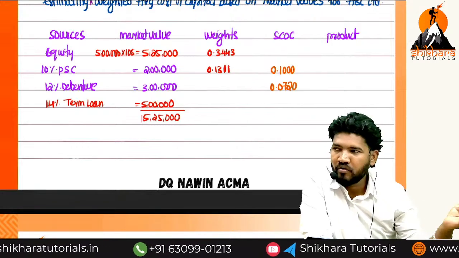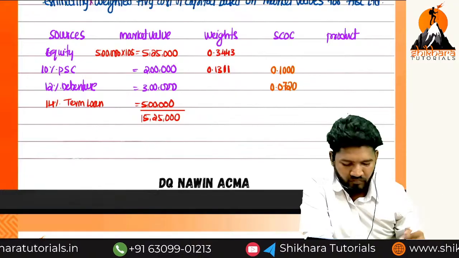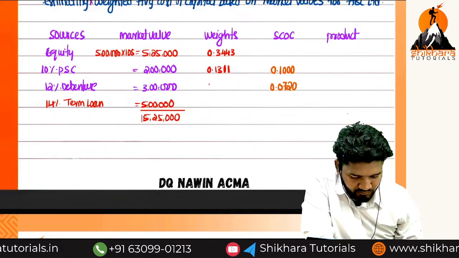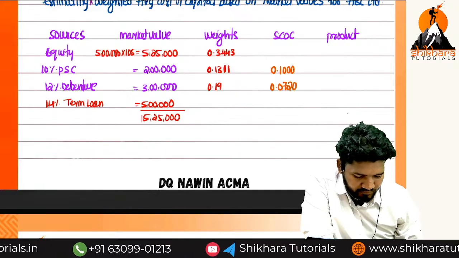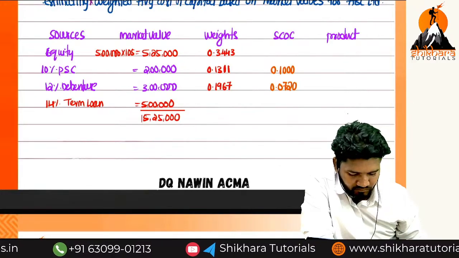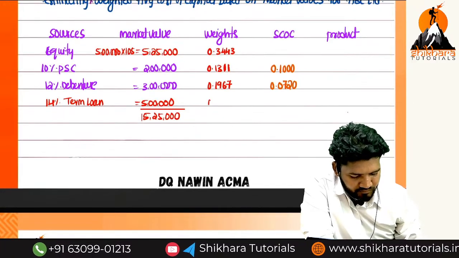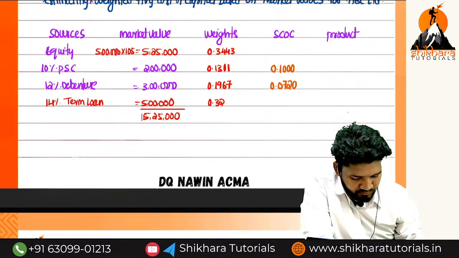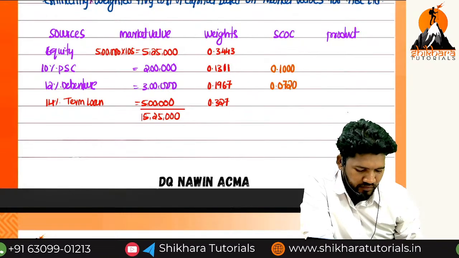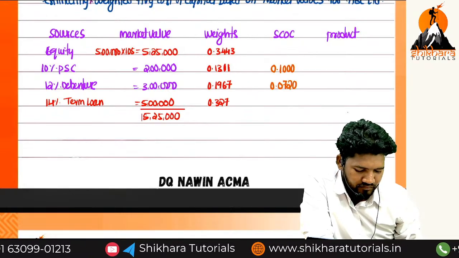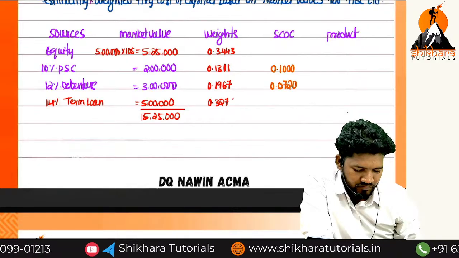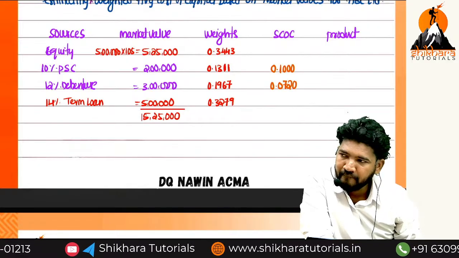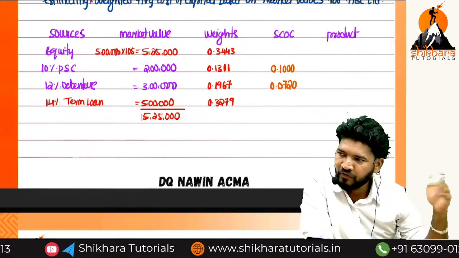You have to round off with the fifth element. Next one. 0.1967. What about this one? 0.3277. Fourth one. Fifth one. You have to round off with the fifth one.